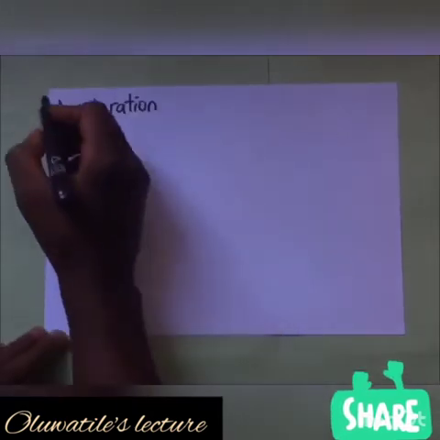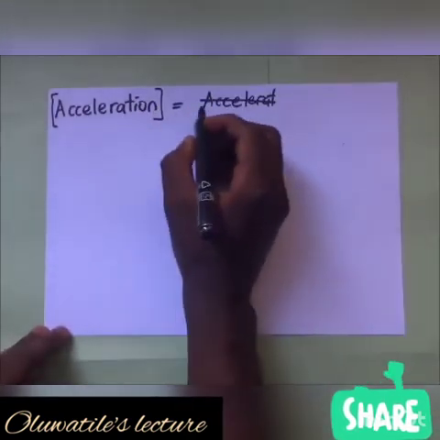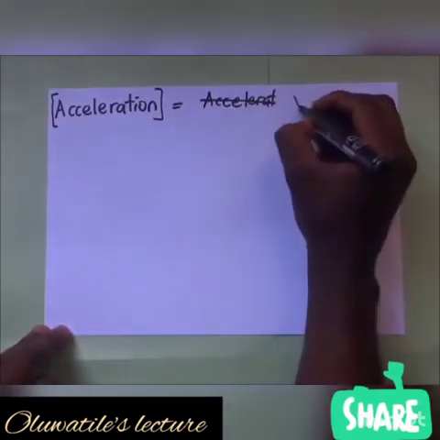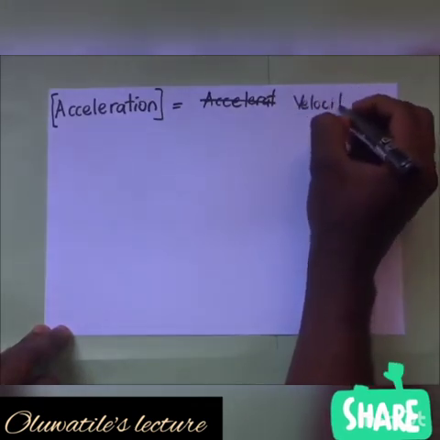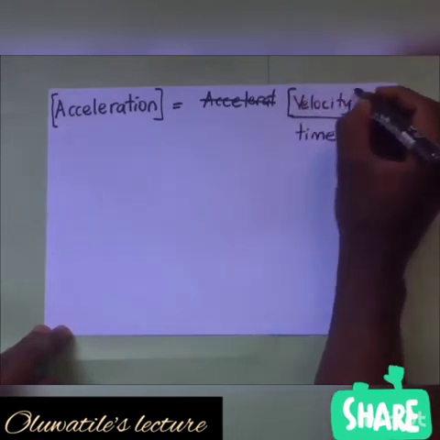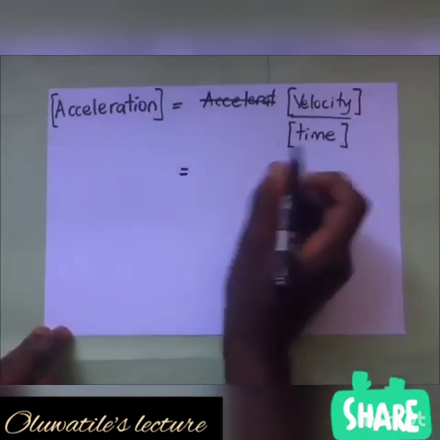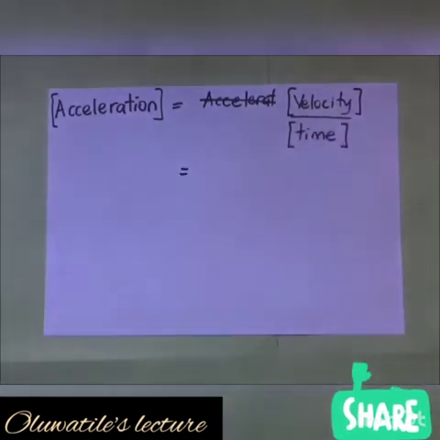We all know the dimensions of acceleration. We know that acceleration is velocity over time. By definition, acceleration is the rate of change of velocity. Now, what are the dimensions of velocity?